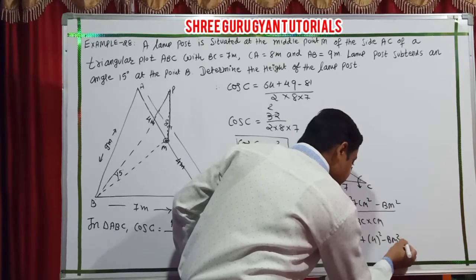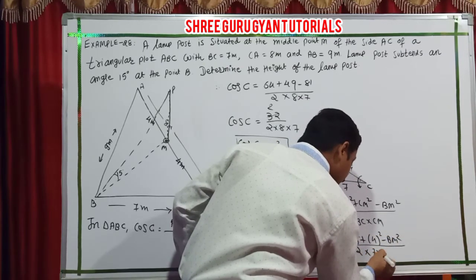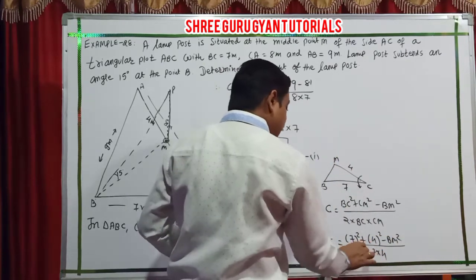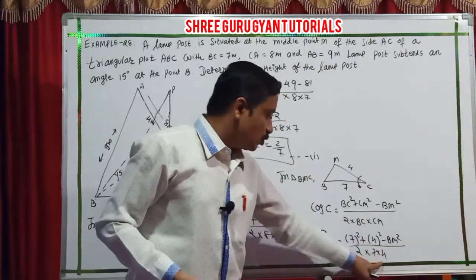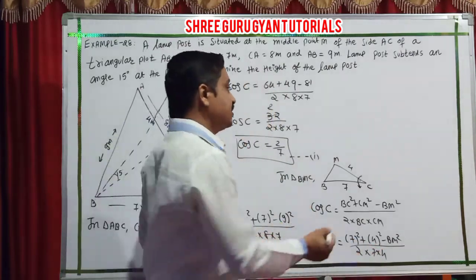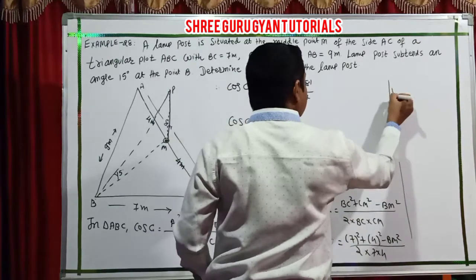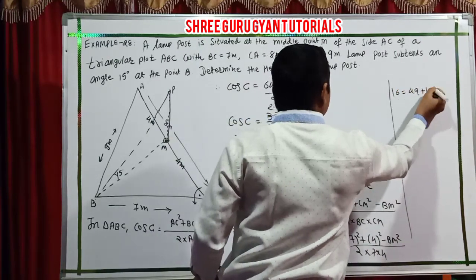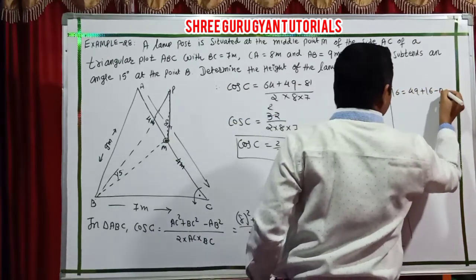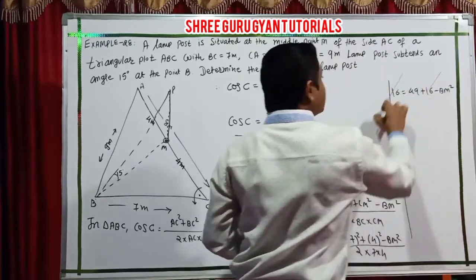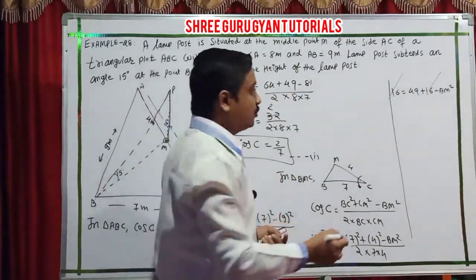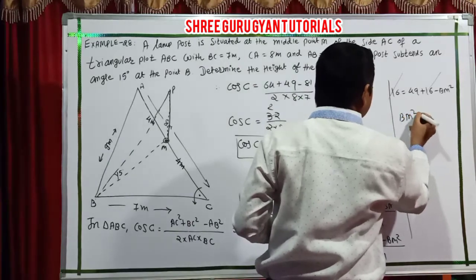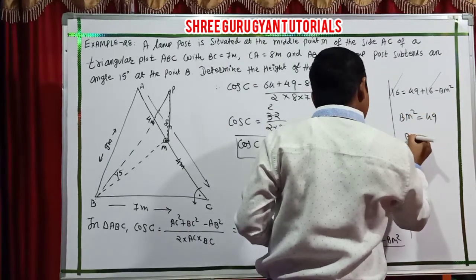BM as it is. 2 into 7 into 4. Now students, this 7 and this 7 you cut down. 4 times 2 is 8, 8 times 2 is 16. It means 16 is equal to 49 plus 16 minus BM square. Now 16 also cancels. So you get only BM square equal to 49.